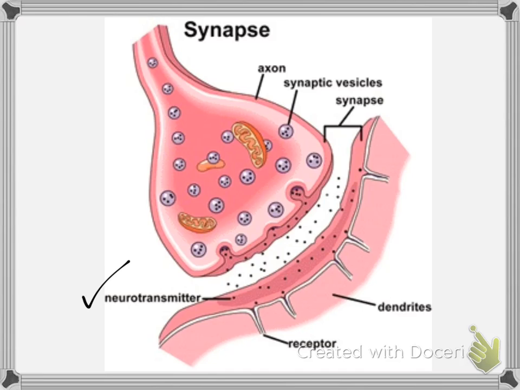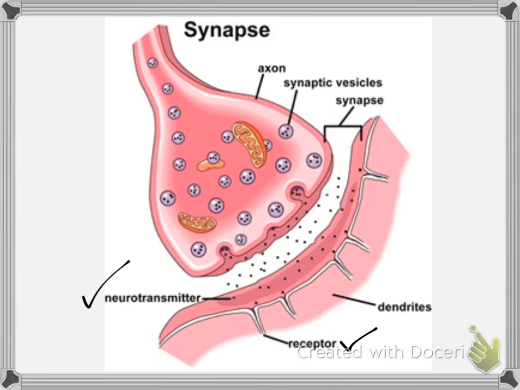And as you know with chemicals, they bond to things and create reactions. That's basically what's happening here. One neuron is going to release its neurotransmitters into the synapse, and they're going to bind with the receptors on the receiving cell.